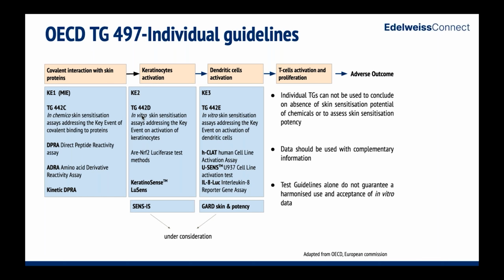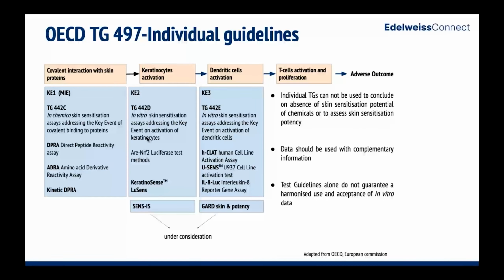I would also like to point out, for the first time, two in silico approaches have also been introduced in TG497. The first guideline describes the adverse outcome pathway, the key event 1, which is covalent interaction with the skin protein.